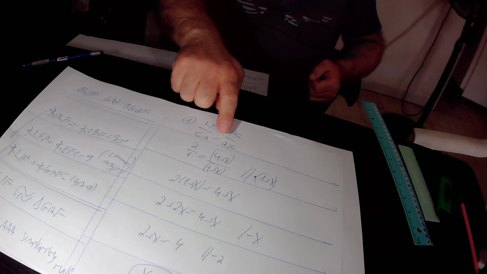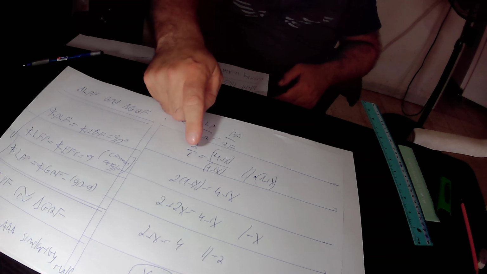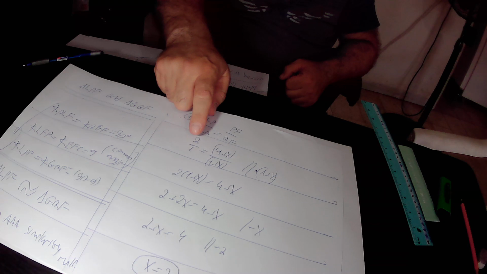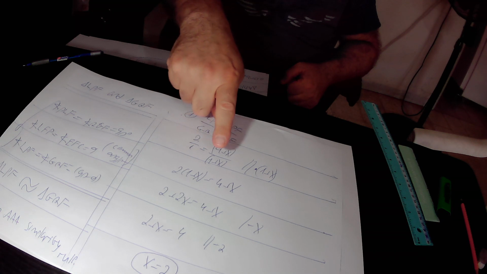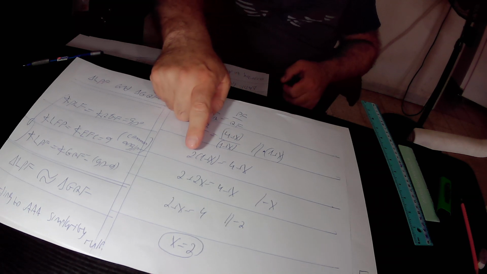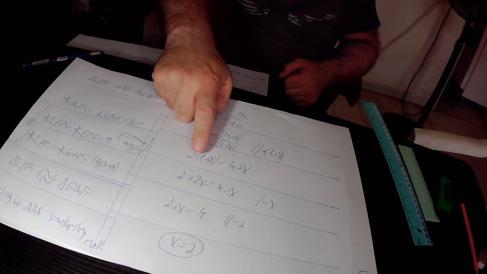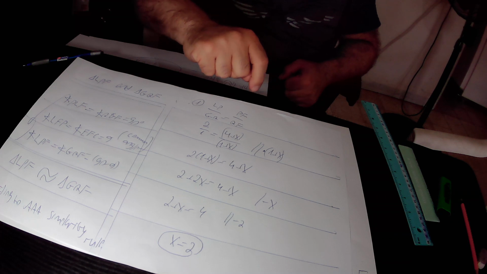Here we multiply this equation by 1 plus x, and finally find out that 2 times 1 plus x equals 4 plus x. Here we open the brackets on this side of the equation, and finally find out that 2 times 1 is 2, so 2 plus 2x equals 4 plus x. Here we subtract x from the equation, so on this side we have 2x minus x is x, so in total we have x plus 2, which equals 4.